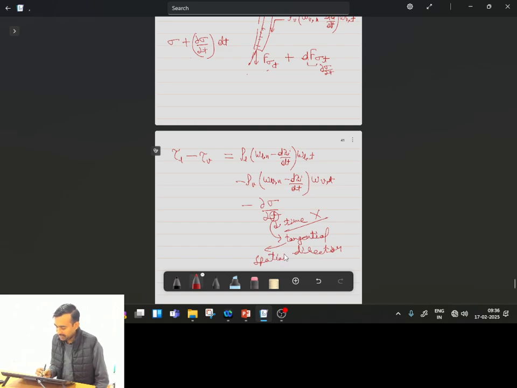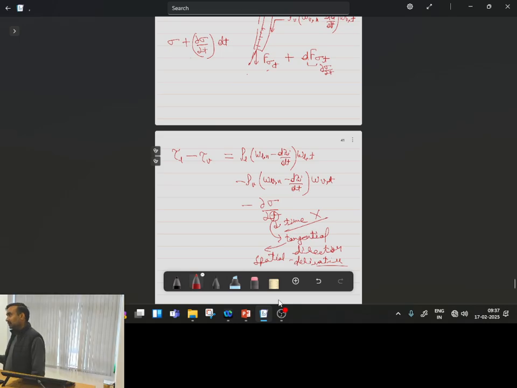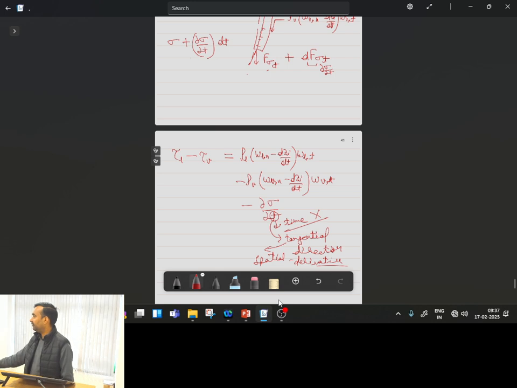Now we are taking the spatial derivative of the surface tension coefficient. It is not the time derivative. It means t has a unit of distance. Okay, all are clear with this point?